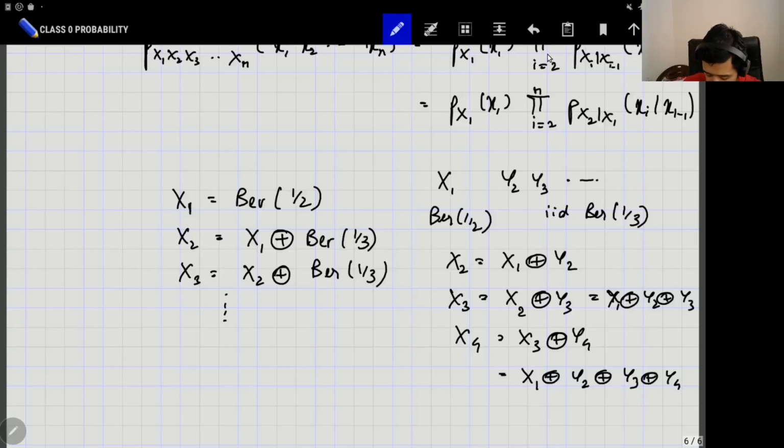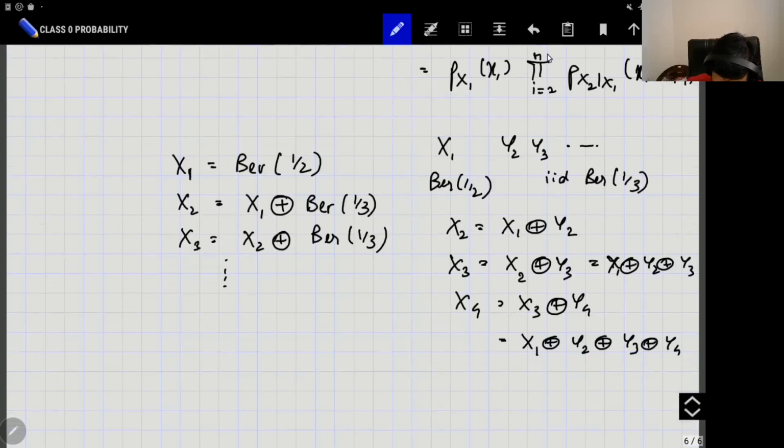Now note that conditioned on x3, x4 is independent of x2 because x4 is generated by adding a Bernoulli 1/3 random variable to x3, right? So you should verify this yourself by actually computing the probabilities.